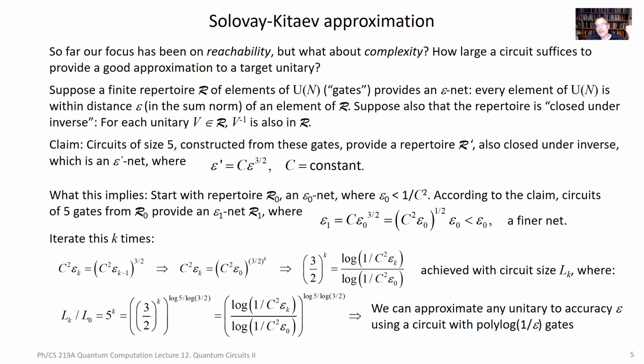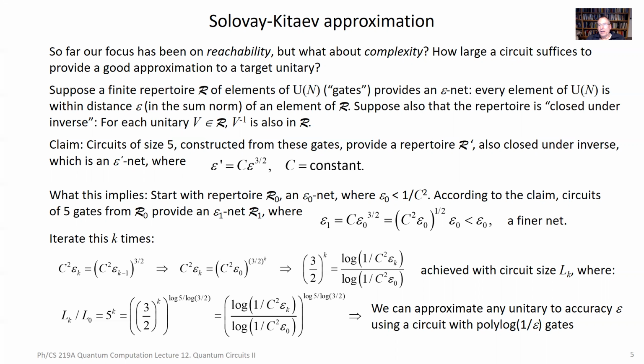Now, of course, in the case of the example I gave, the Hadamard and the T-gate, that will be easily satisfied because the Hadamard is its own inverse, H squared is equal to the identity, and the T-gate has the property, since it's a 45-degree rotation about the z-axis, a rotation by pi over 4, that if you repeat it 8 times, you get a rotation by 2 pi, which for a qubit is the same thing as -1.